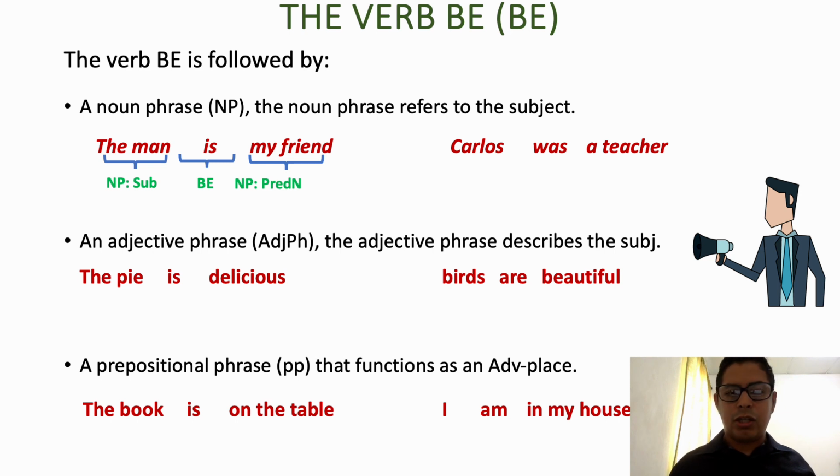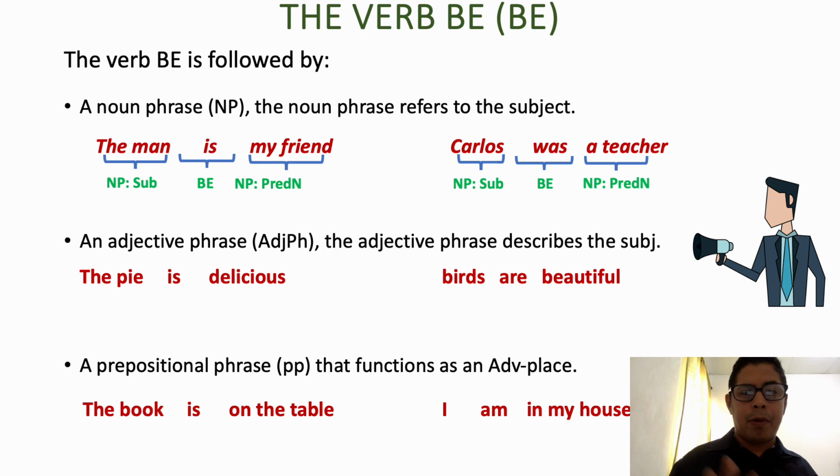Carlos was a teacher. So same here. It's a noun phrase functioning as the subject. Was, that is be, in this case past, and a teacher, that is the noun phrase functioning as a predicate noun. And if you pay attention, the same, a teacher refers to Carlos.